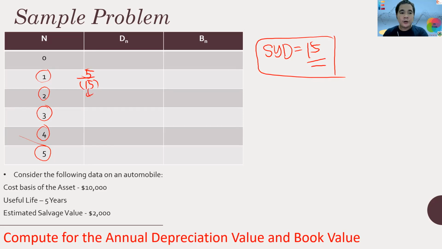And this is 4 divided by 15. This is 3 over 15. This is 2 over 15. And this is 1 over 15. This is what you call the fraction of the depreciation value, multiplied by the depreciable value. We all know that the depreciable value of your asset is only 8,000.